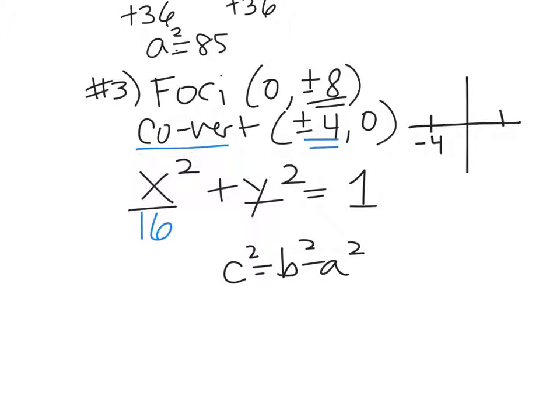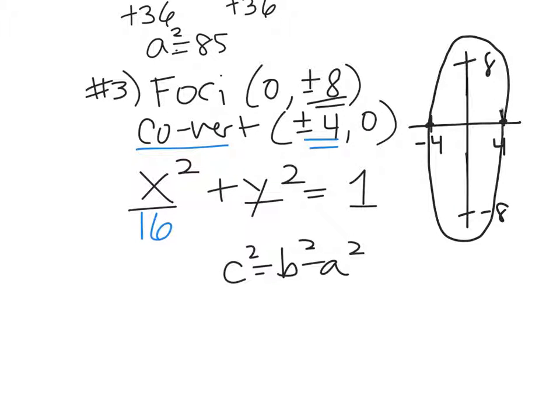So if I go 4 and -4, those are my covertices, and then I go 8 and -8 are my foci. That means that this ellipse goes past those numbers. So then it's b squared minus a squared. All right, so c squared is 64, because c is the distance from the center to my foci, which is 8. B squared is what I'm trying to find, and a squared is 16.